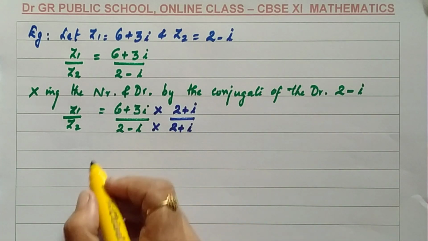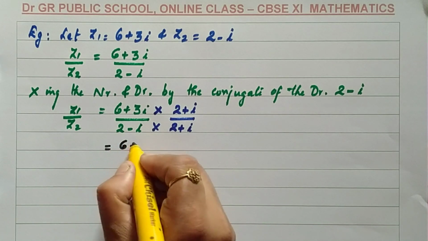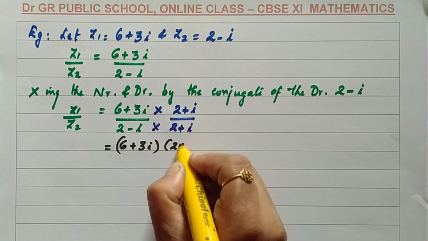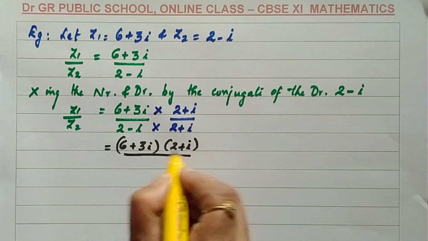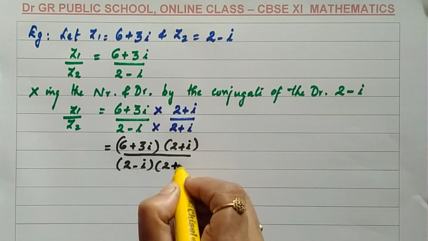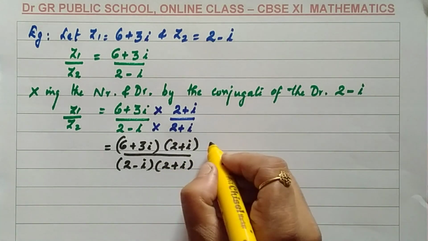Now we can proceed. Now how it comes? 6 plus 3i into 2 plus i divided by 2 minus i into 2 plus i. We are going to multiply.